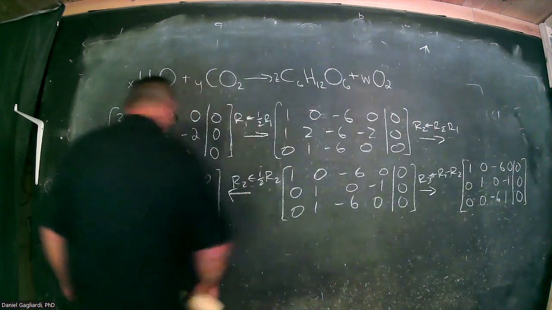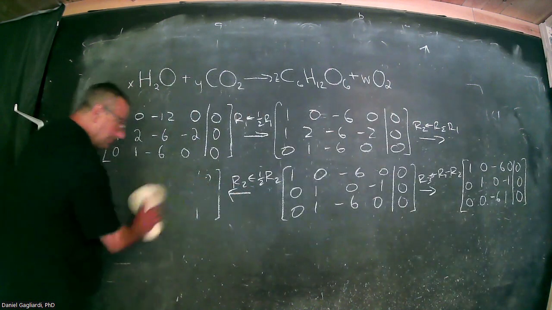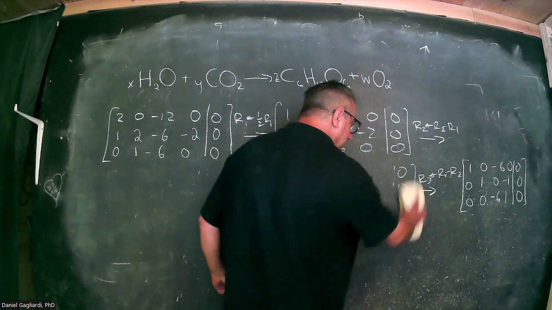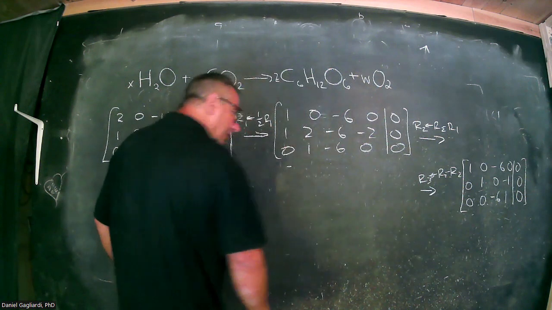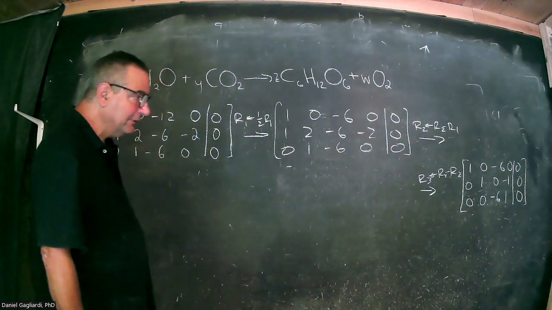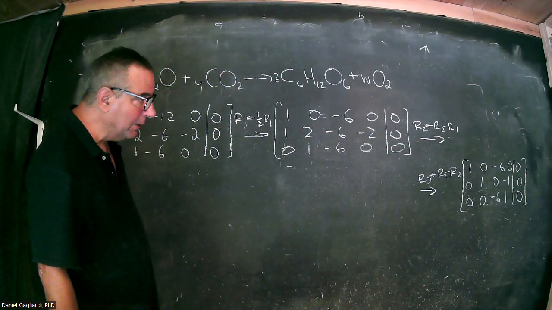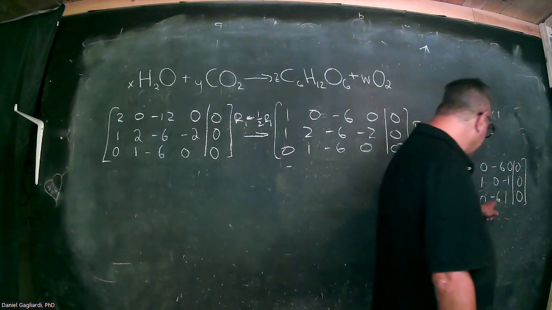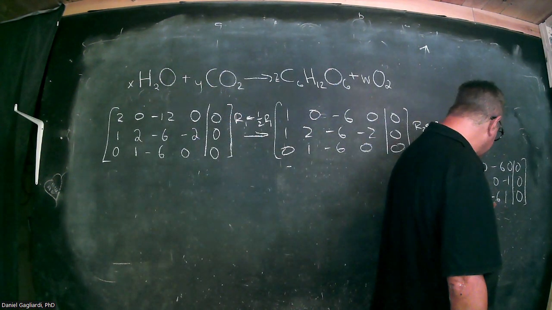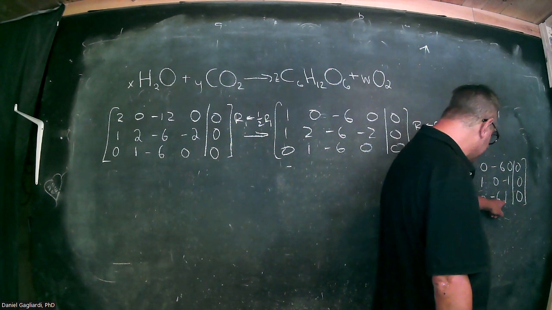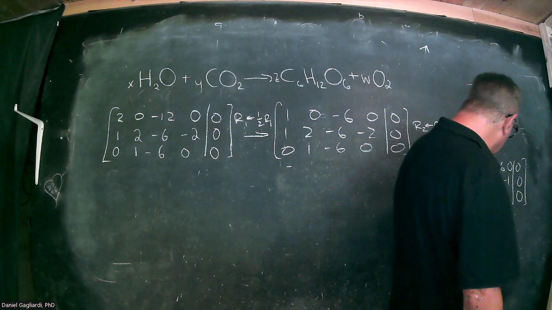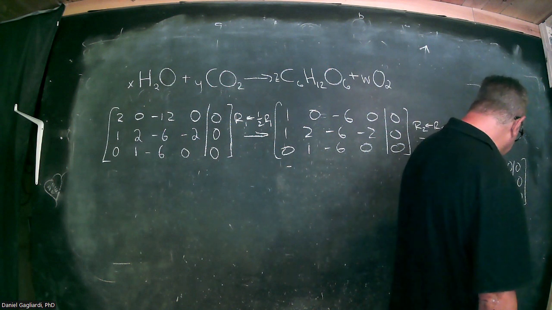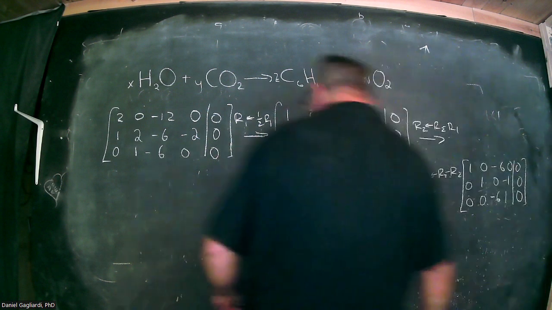All right. So what's the next step? Well, the next step is we want the ones to staircase down. So the only option left to us is to divide by -6 to get a 1 here. But you know what? That's going to give me a fraction of 1/6. And I want to get rid of this 6 here. So conveniently, I can just take row 1 minus row 3.